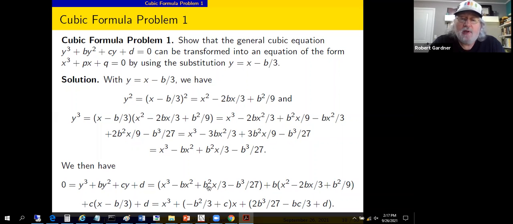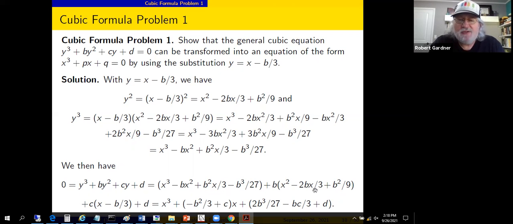X terms: here's a positive b squared x over 3. Here's, distributing, negative 2b squared x over 3. Another x term, here's a cx. So we'll be left with b squared x over 3 minus 2b squared x over 3.